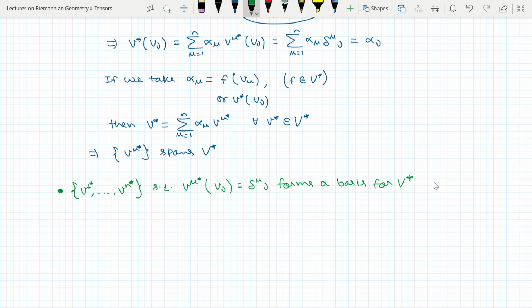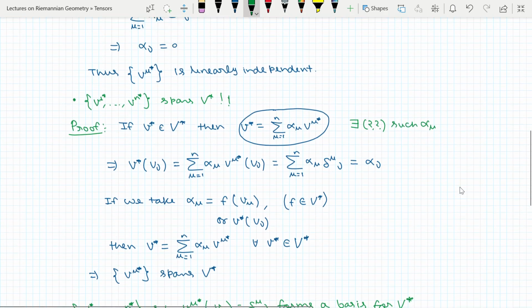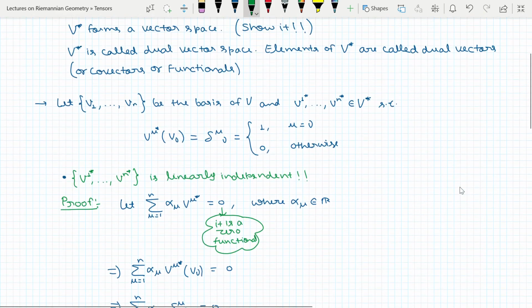That's what it means. Because what is a basis? A basis is a set of linearly independent vectors which spans the entire space, and that's what I have shown. And the cardinality of the basis is nothing but the dimension. Here the cardinality is n, so the dimension of V star is n, which is also the dimension of V, the vector space corresponding to which this is the dual space. So these dimensions are the same. I hope you understood all of this up to here.